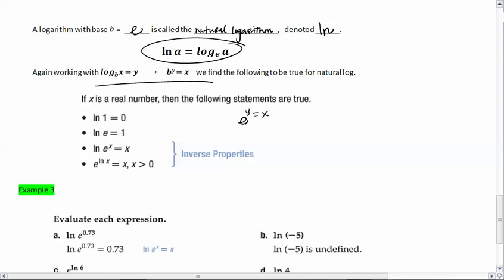So let's look at natural log of 1. Natural log of 1 equals 0 is the same as saying e to the 0 equals 1. Natural log of e equals 1 is the same as saying e, our base, to the 1, well, we get e. Again, if we have natural log of e to the x, we're going to get x, because e to the x equals e to the x.